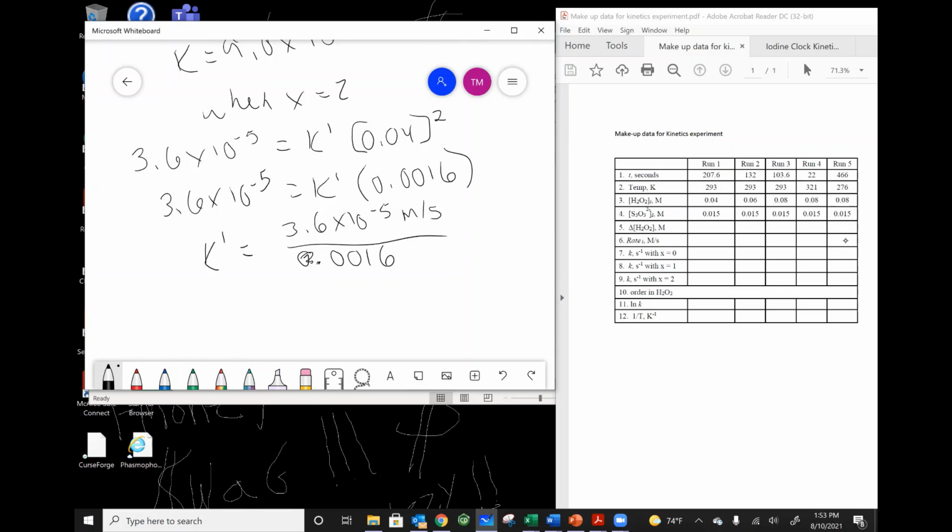And since this was molar, this is molar squared. So K prime equals 2.25 times 10 to the minus 2, M minus 1, s minus 1.